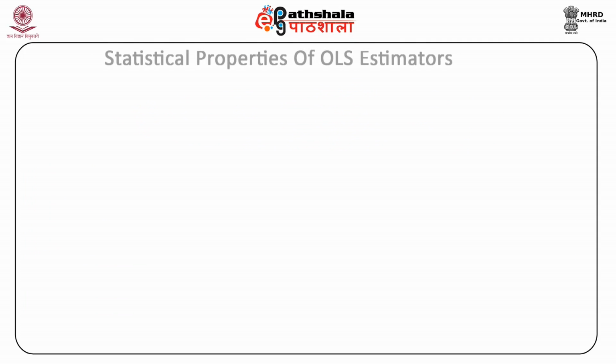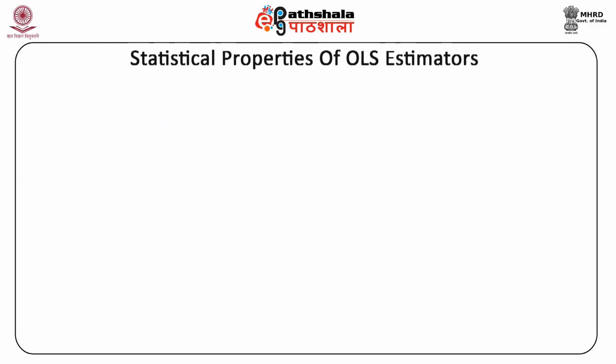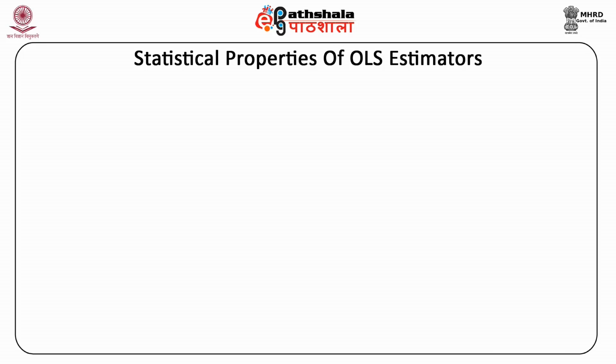The last property we have is property number 5, covariance of a hat and b hat.